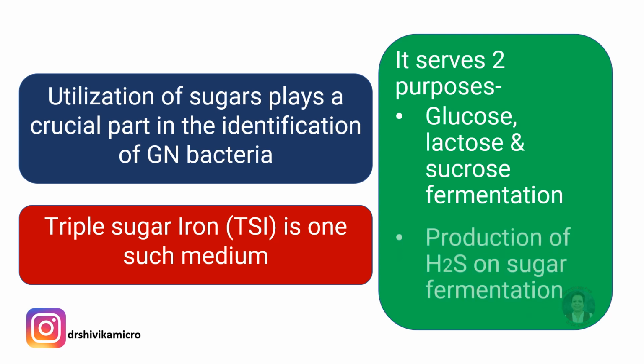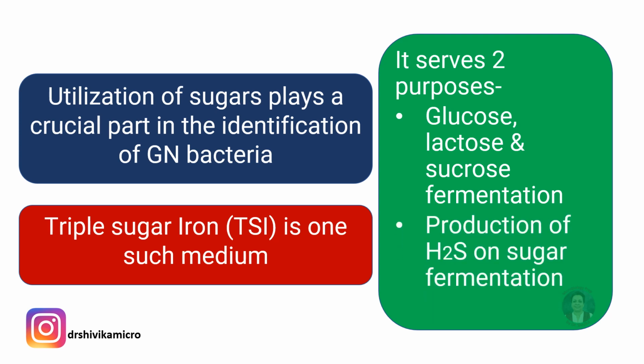The second purpose of this medium is production of H2S when the bacterium is utilizing sugars. So certain bacteria produce H2S on sugar fermentation. Now, before we proceed to understanding the TSI medium, its principle, etc., let's first understand fermentation of sugars.